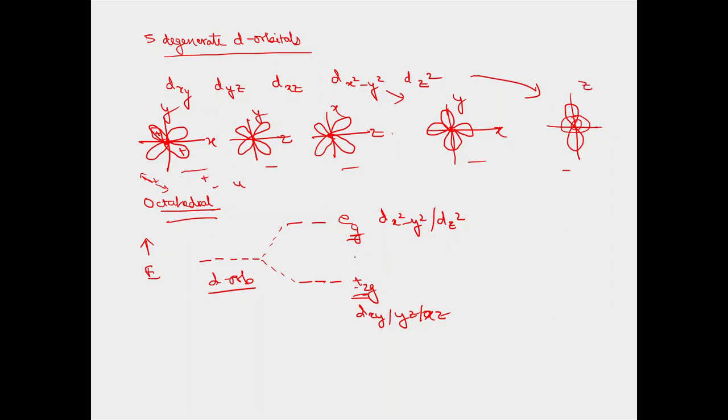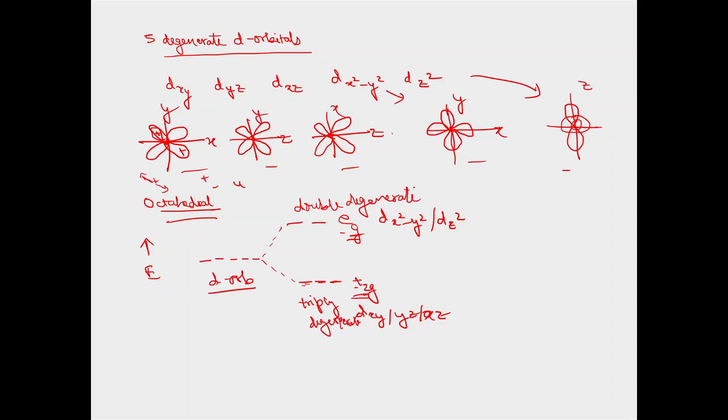And why is T and E coming? This T is because it's triply degenerate, as there are 3 orbitals. And eg is doubly degenerate. So from here we have an idea of where these terms are coming from.